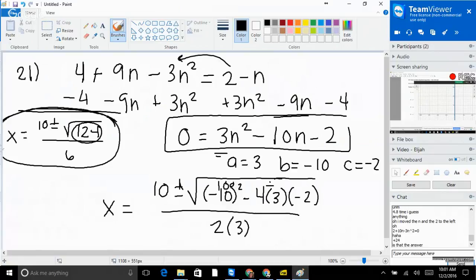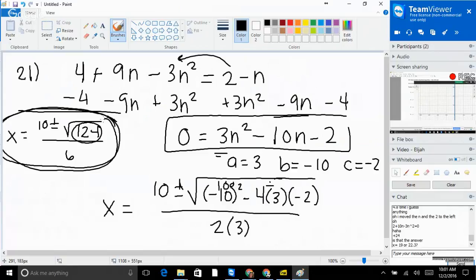So technically, this could just be the answer, or you can simplify it into decimals. I don't know which is easier for you. So that would be a valid answer, or you could actually type it in your calculator.